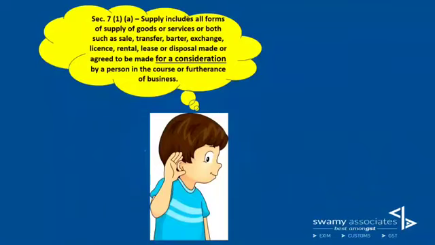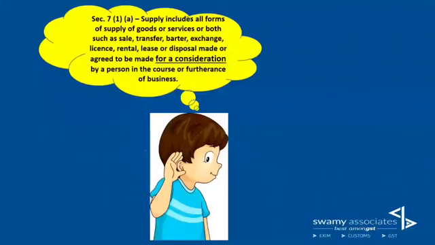So the point to be noted for our purpose today is the supply should be for a consideration. There are some exceptions, we will come to that, but to become a supply, there should be a consideration. If there is no consideration, a transaction will not qualify as a supply. So consideration is a must.